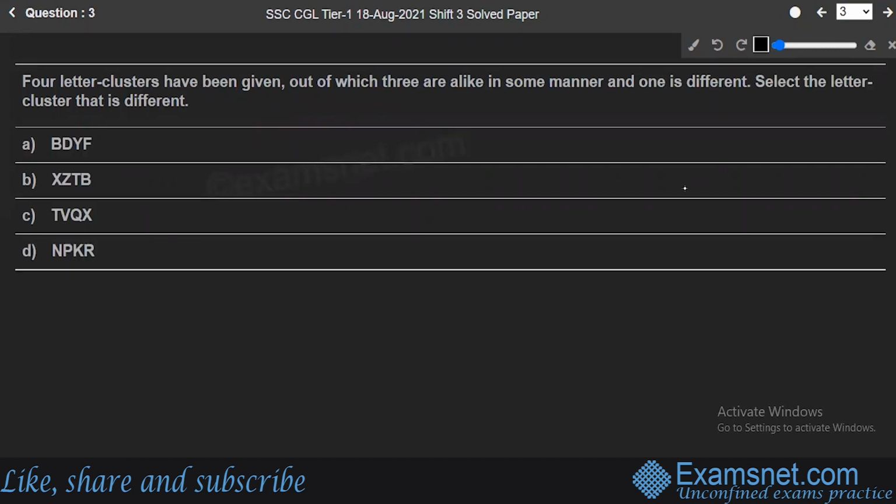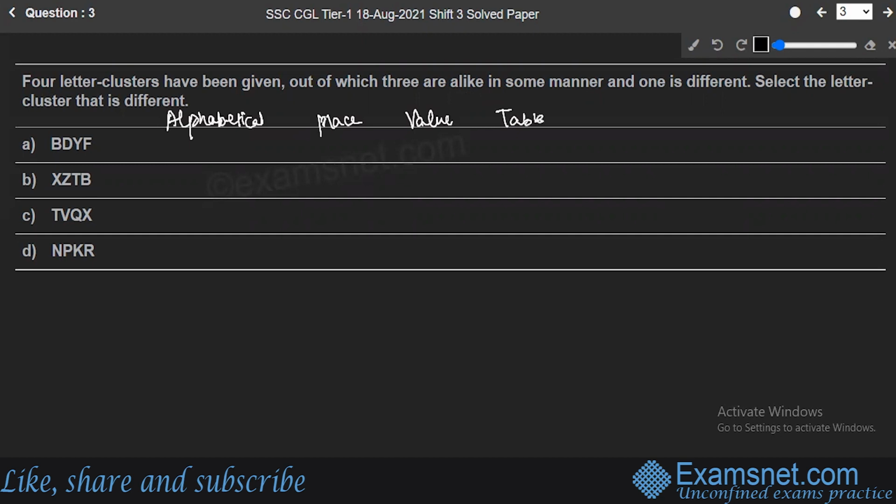Next, question number 3. 4 letter clusters have been given, out of which 3 are alike in some manner and 1 is different. You have to select the one which is different. A, B, C, D, you have 4 options. In this question we'll be using a very important table, the alphabetical place value table.